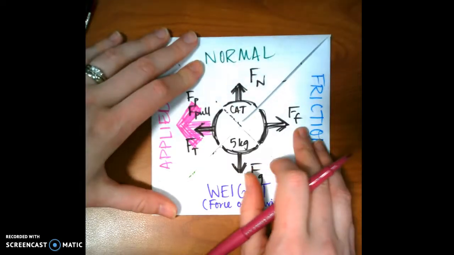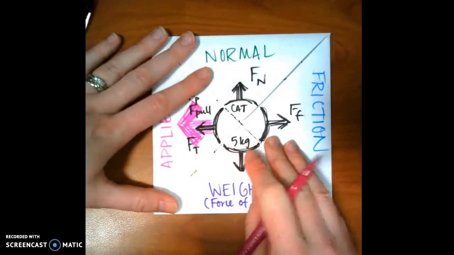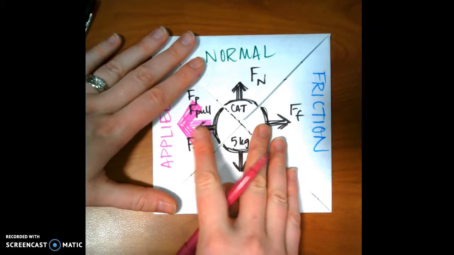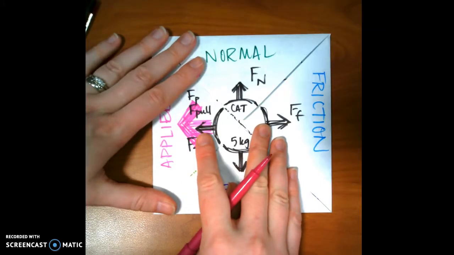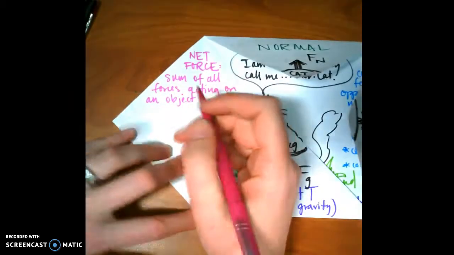The force of friction is determined by a coefficient of friction that's about those two materials, which means that there is an amount of pull that I can put on Mr. Cat's leash that will cause him to accelerate in this direction.